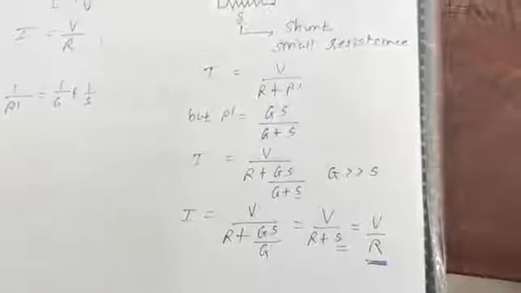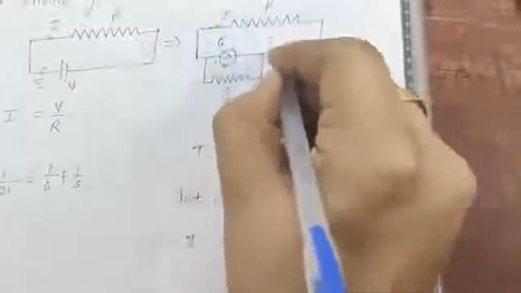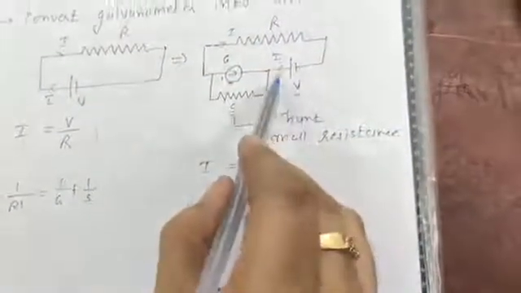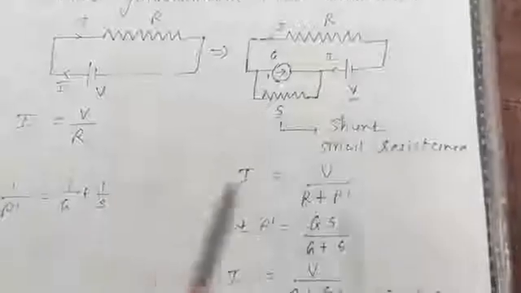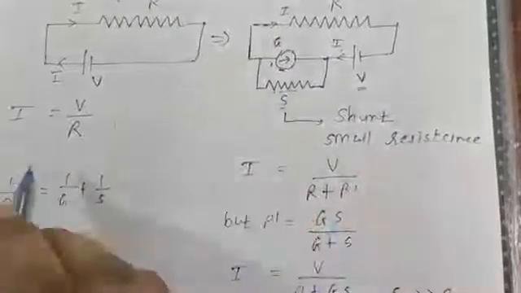Okay, now what is the second problem? That is the destruction of the galvanometer. See here, if the potential of the battery is very high, then this current will also be very high. But most of the current will pass through this shunt because this is a very small resistance.